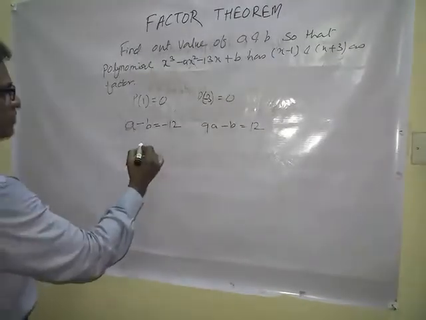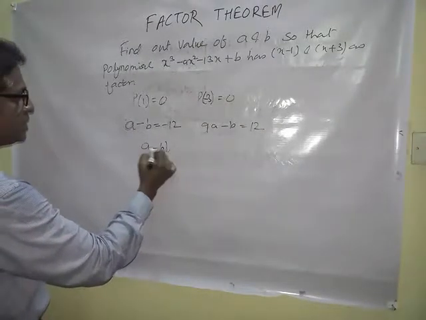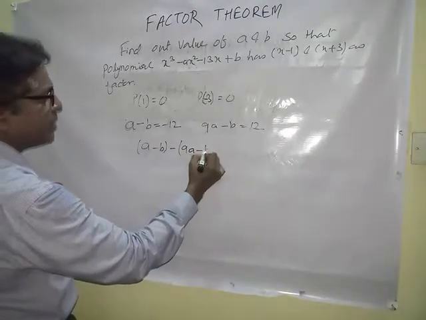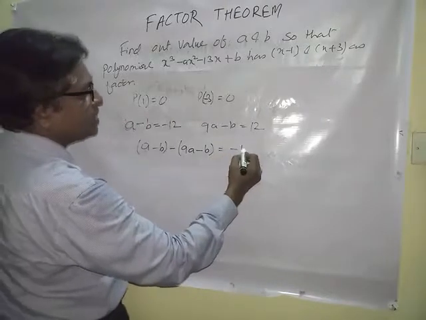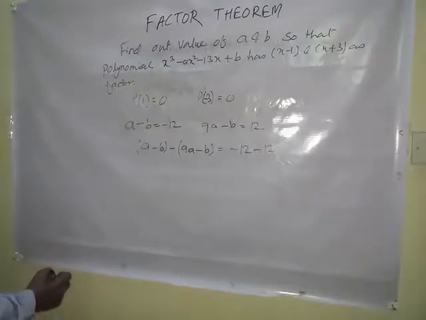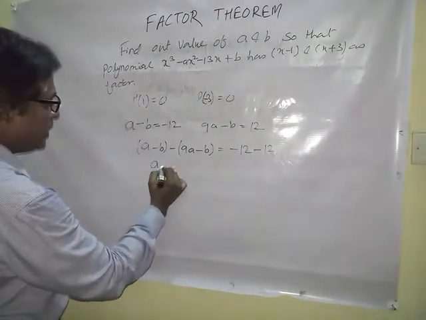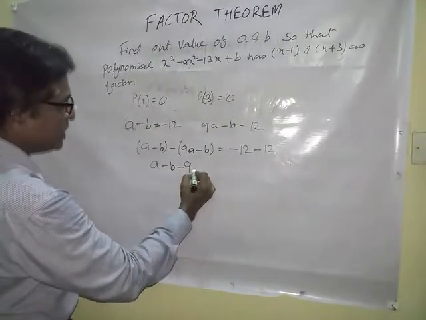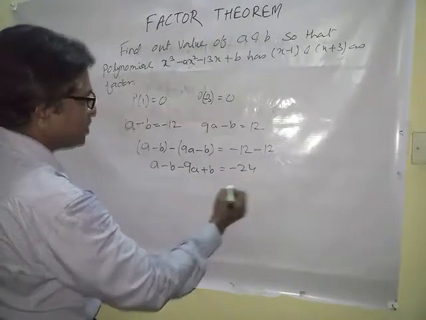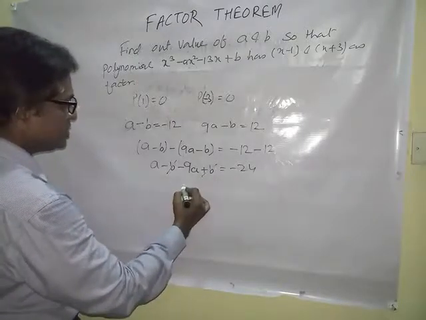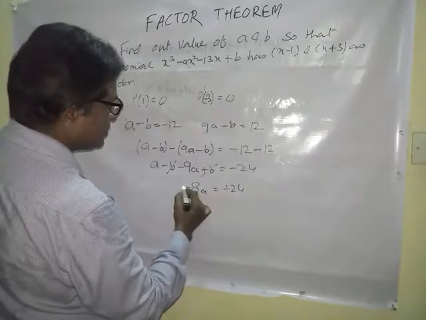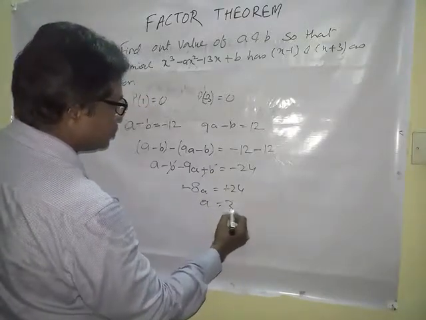So left hand side to left hand side, a minus b minus 9a minus b is equal to minus 12 minus 12. When you open up, a minus b minus 9a plus b is equal to minus 24, b got cancelled, minus 8a is equal to minus 24, minus will get cancelled, a is equal to 3.